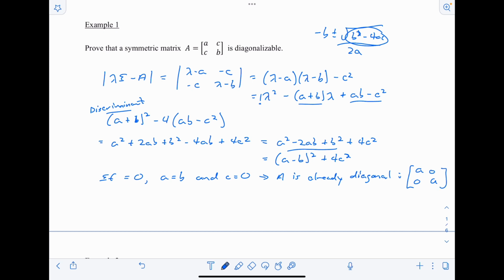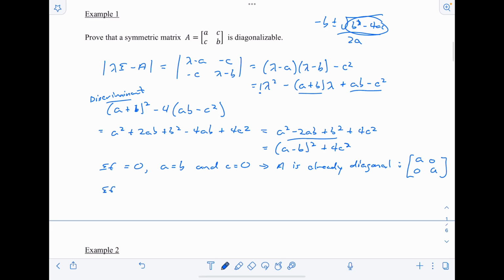All right. The other situation is the case where that discriminant is greater than 0. But if it's greater than 0, that tells us that a has two distinct and real roots.